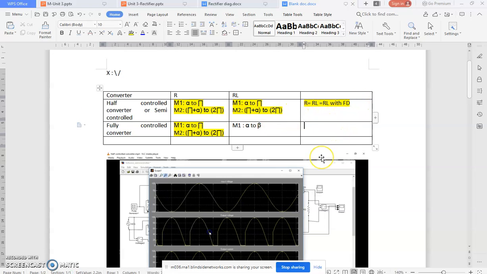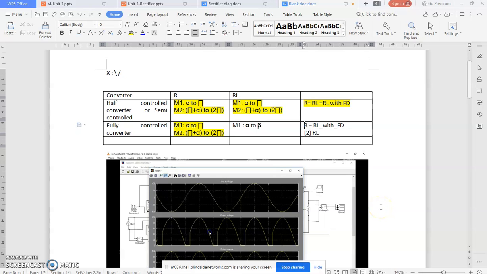But here, R load is equal to RL with freewheeling diode, but RL is different. RL with freewheeling diode waveform is okay, but RL waveform is different. Clear? So this is about the waveform.